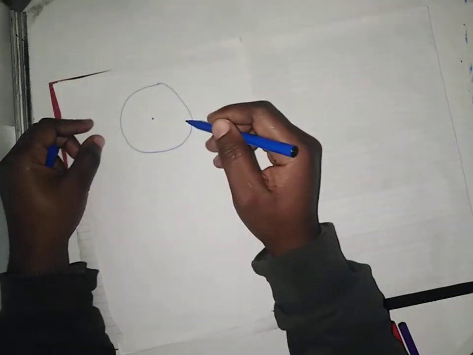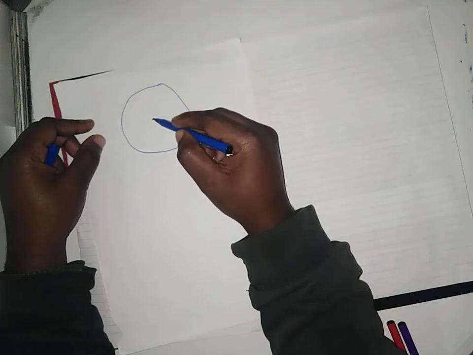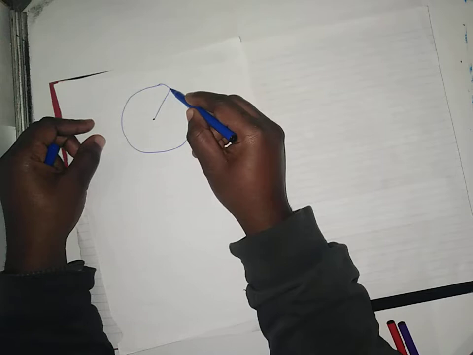All right, let's continue. If you have a circle like this, you can draw a line from the center of the circle, and that line goes to the circle.